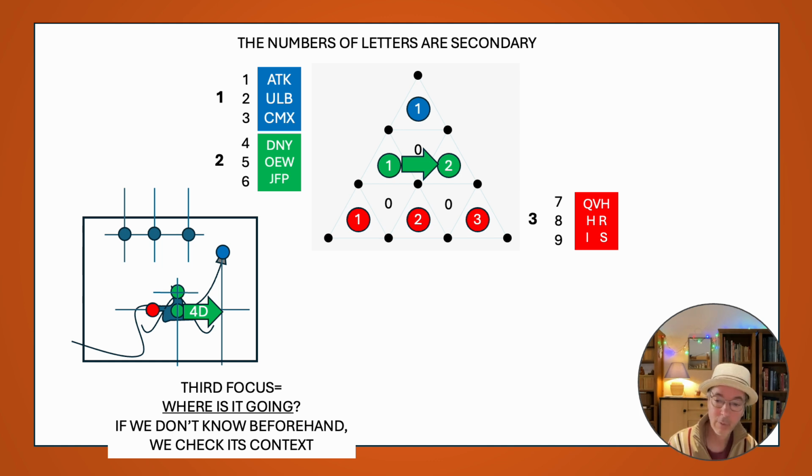And if you don't know it beforehand, what do you need? You need some context. Is it going towards its nest? Is it going towards its food? Is it going towards a friend? Whatever, that's the context. Then you can narrow down where it can go to, and you can predict a certain range of possibilities. And that's the next couple of letters that you need for it.